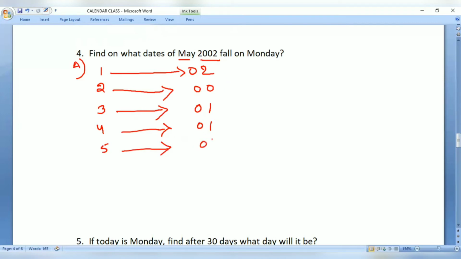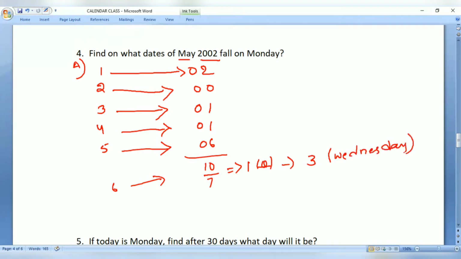The code is 06. Now add them. 2 plus 1 is 3, plus 1 is 4, plus 6, it is 10. Divide by 7, that is the 6th step. 10 by 7, what is the remainder? 7 ones are 7. This is the quotient. Remainder is 3. So this 3 is a Wednesday.